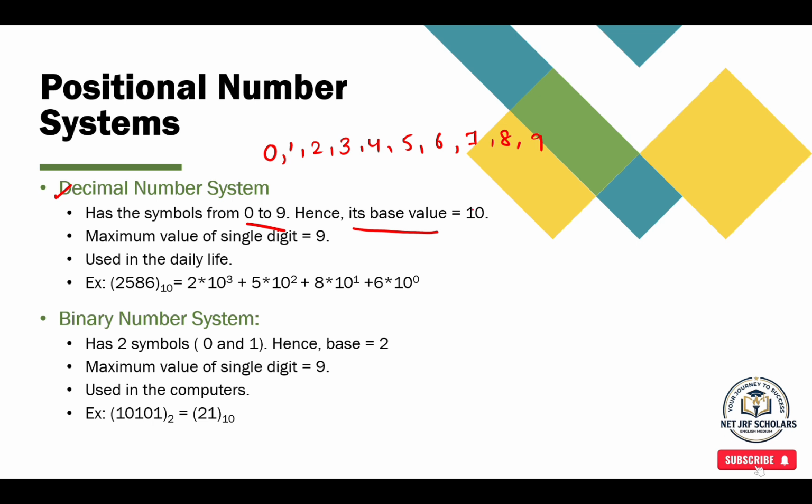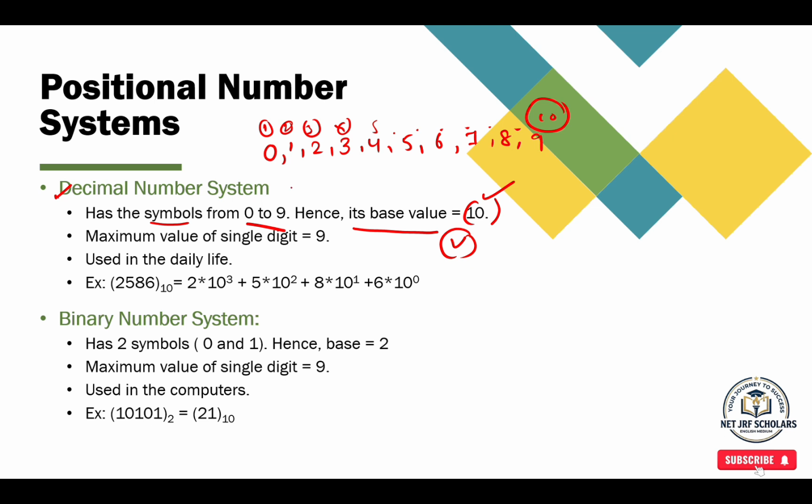Its base value is 10, which means there are a total of 10 numbers. So the base value is the total number of symbols in the number system. Next, we have the maximum value of a single digit. As I have explained just now, the maximum value is 9 for the decimal number system.